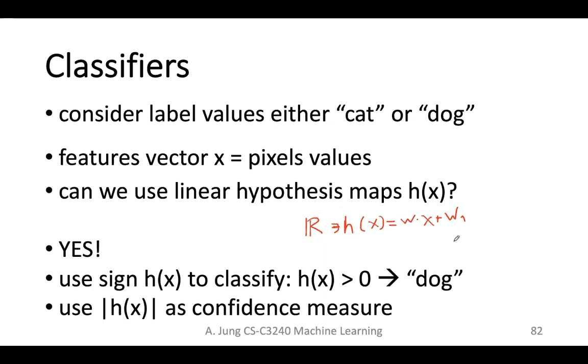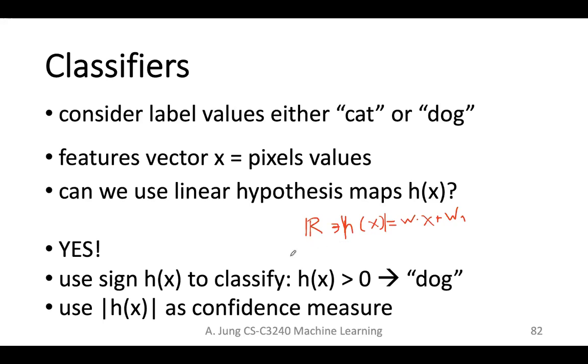But what is more, because you use a real number, you can also use the absolute value. And it turns out to be a very good idea to use the absolute value of such a linear function, for example, as a confidence measure. What do I mean by a confidence measure? You could interpret this absolute value as how certain the classifier is, for example, of the image being a dog.